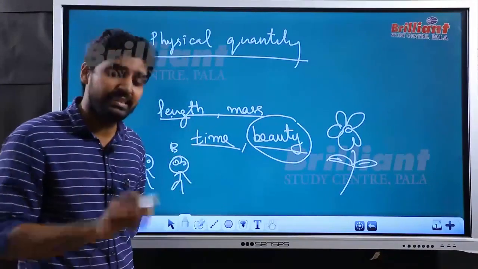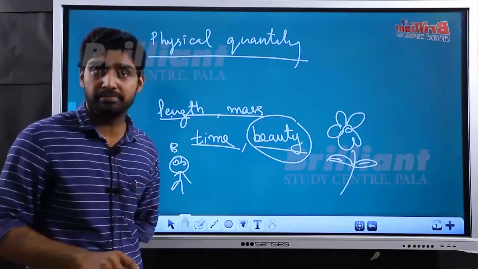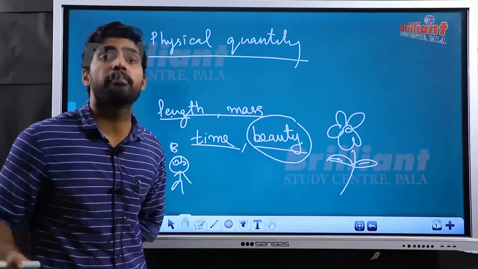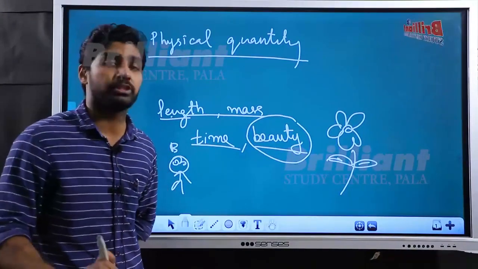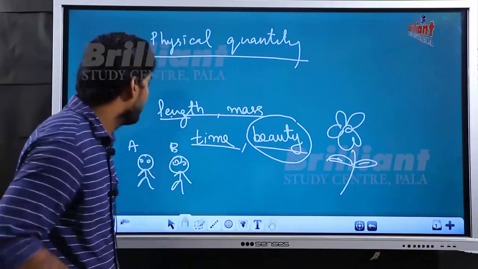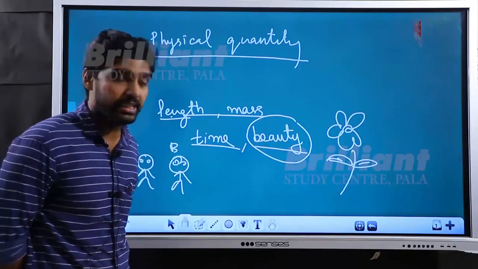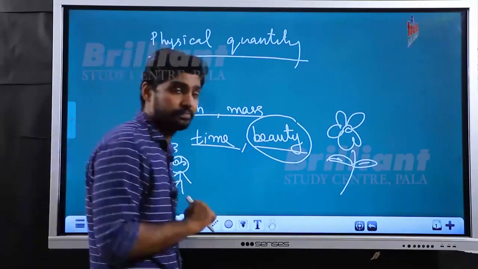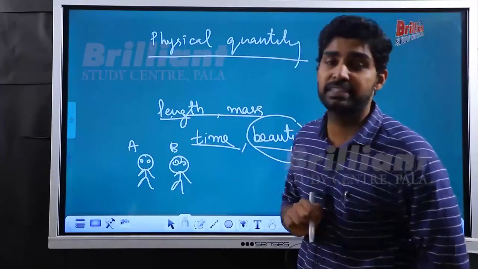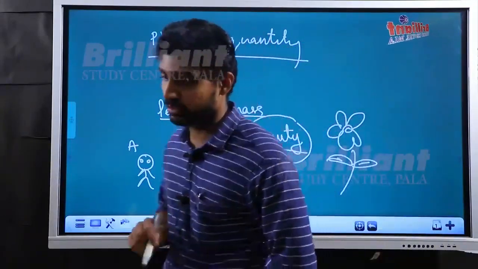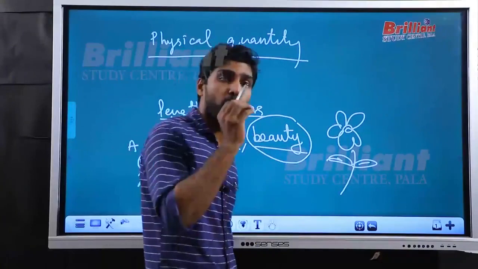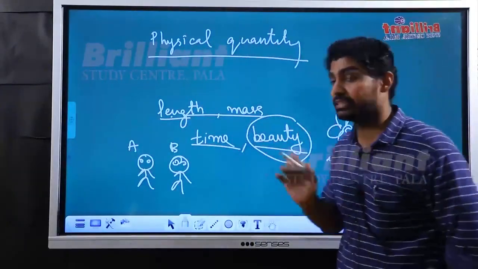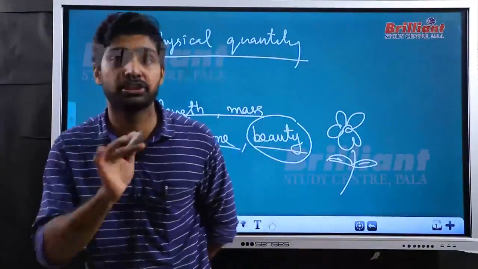A physical quantity is something that can be measured clearly, unambiguously. There should be no confusion in measurement. So length, mass, time are physical quantities. Velocity is a physical quantity. Acceleration is a physical quantity. Force is a physical quantity. Pressure, energy, work done. All these are physical quantities because they can be clearly measured.